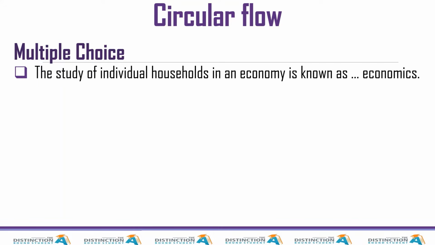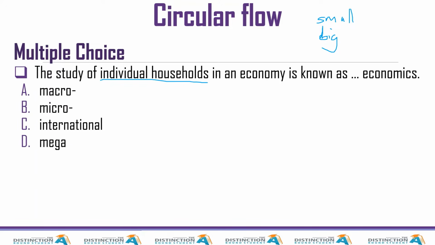The next one. The study of individual households in an economy is known as individual. Right. What's the clue? When we study you, do you think you are a big deal or you think you're a small deal? You as an individual. And we have, all right, let me put them.